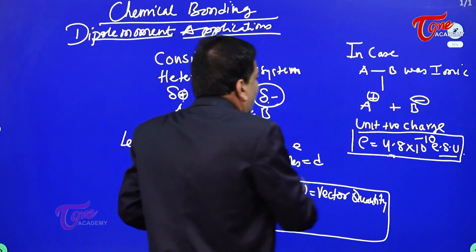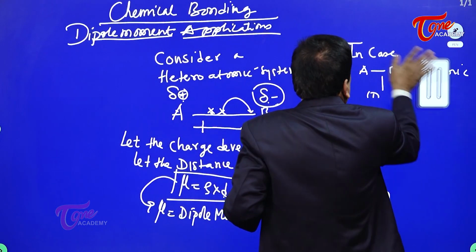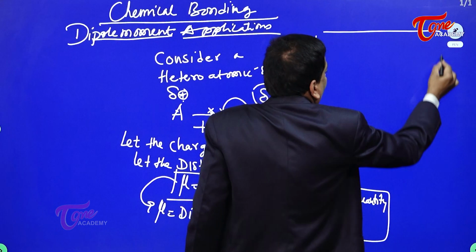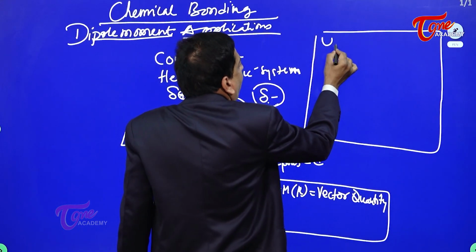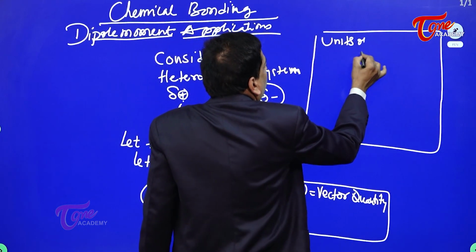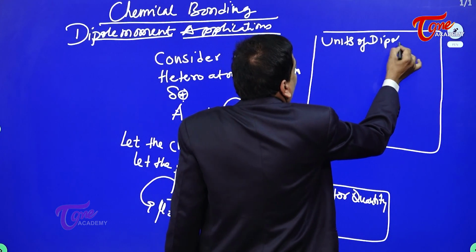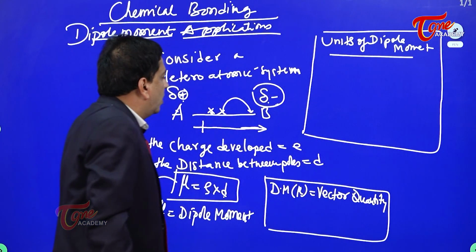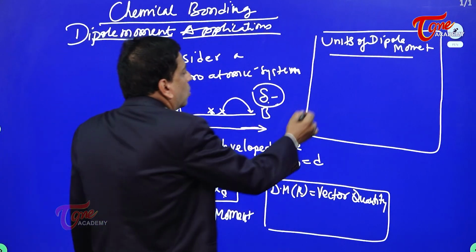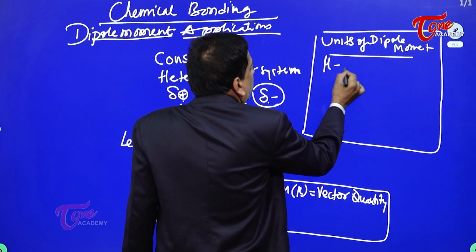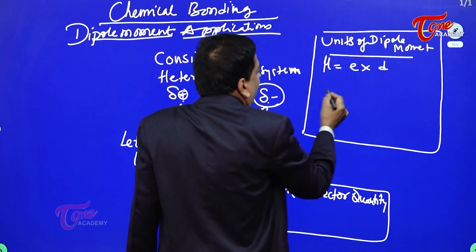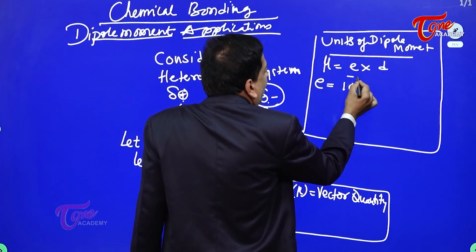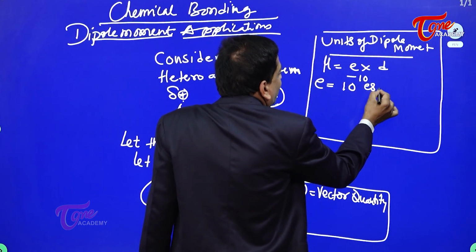And how do we actually get to the units of dipole moment? Watch carefully here. How do we actually arrive at the units of dipole moment? How do we calculate this? Now, since you said the equation is mu is equal to e into d, let us take the e value to be 10 power minus 10 ESU.